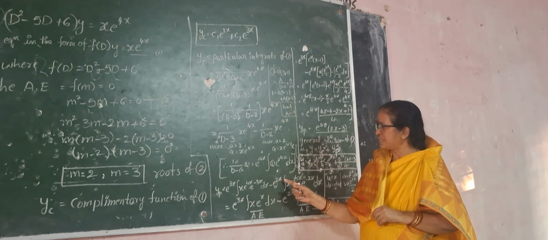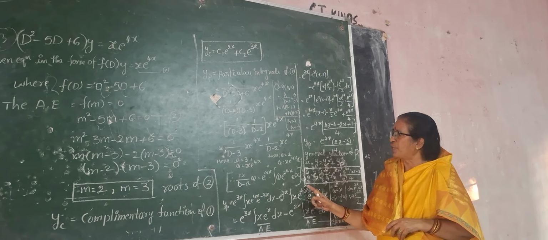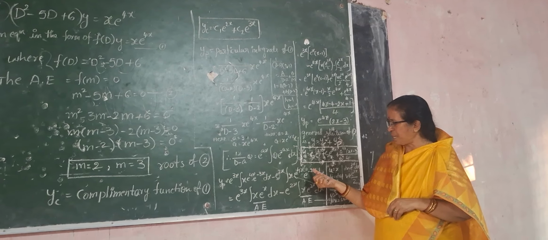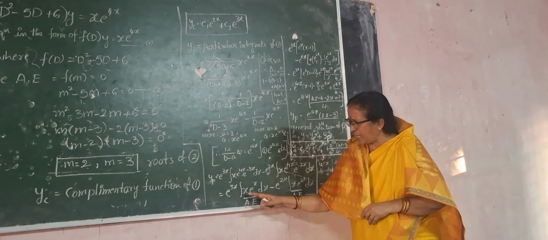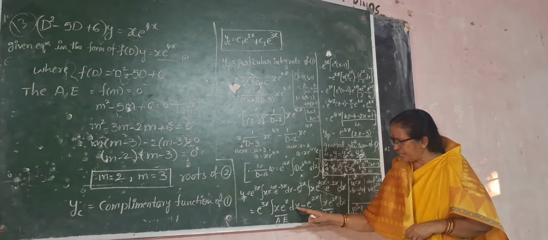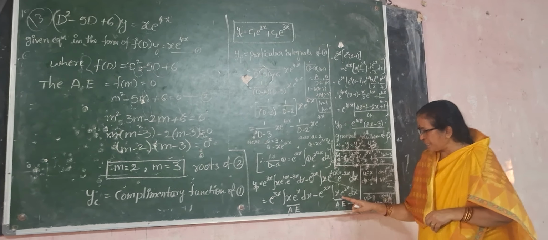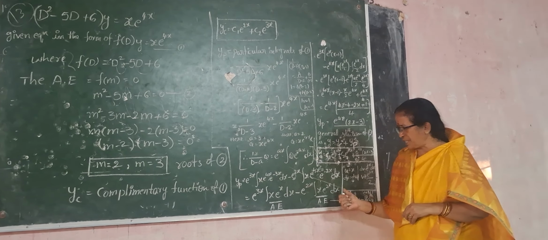e power 2x integral of x e power 4x into e power minus 2x dx. So e power 3x into integral of x e power x dx minus e power 2x into integral of x e power 4x minus 2x, that becomes e power 2x dx.